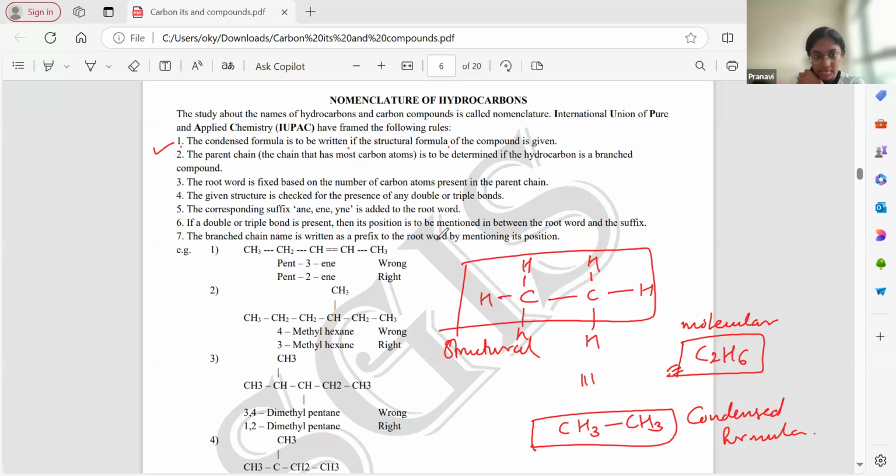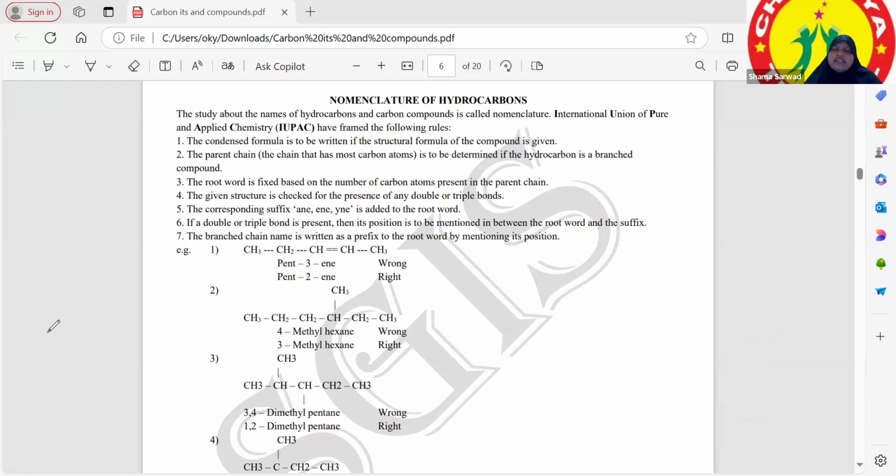Here, if I have to write numbers 1, 2, I can do that in this manner as well, but then hydrogens are surrounded and it looks so clumsy. To make understanding simple, we have to convert it into condensed form.